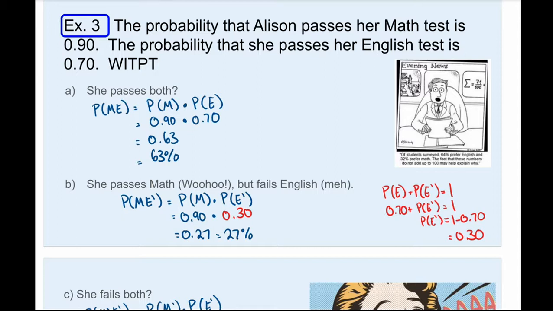So in this case, the probability of her passing English, which is 70%, plus the probability of her failing needs to equal 1. You can rearrange this equation and solve and determine that there's a 30% chance of her failing English. So that's the probability that I'm going to multiply in my formula. I should get that the probability of her passing math but failing English is 27%.